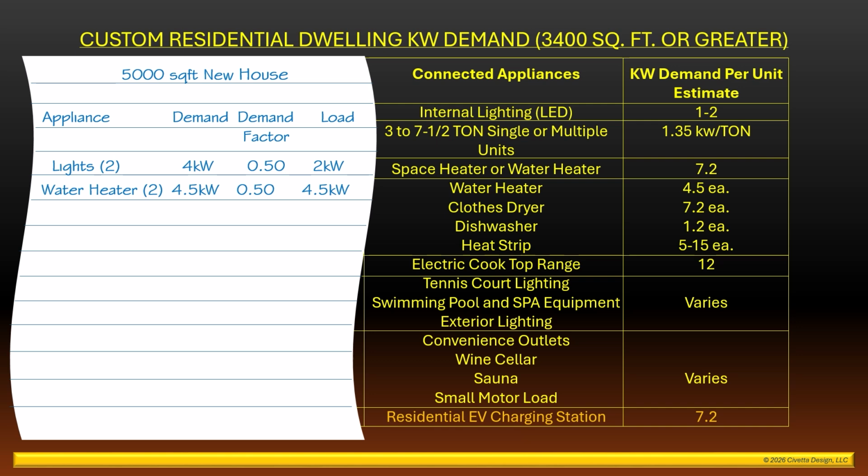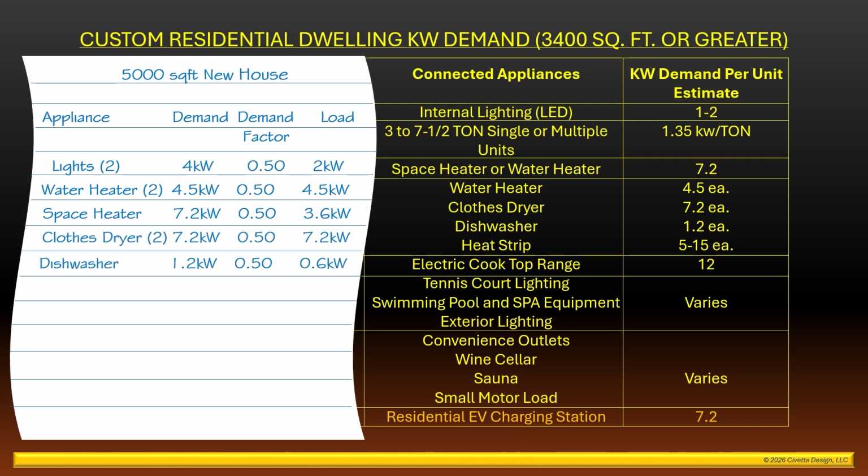We have a space heater at 7.2 kilowatts and a demand factor of 0.5 as well, for a total load of 3.6 kilowatts. 2 clothes dryers, a dishwasher, and a cooktop at 12 kilowatts with a demand factor of 0.8 for a cooktop load of 9.6 kilowatts.